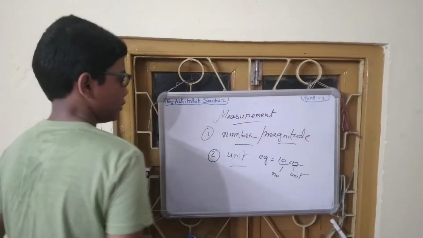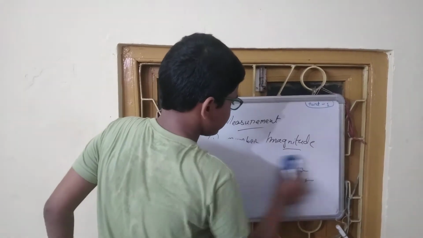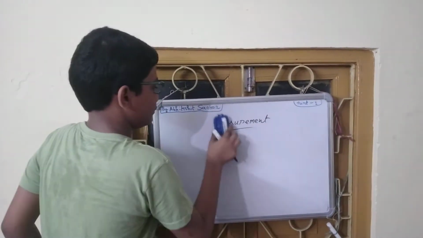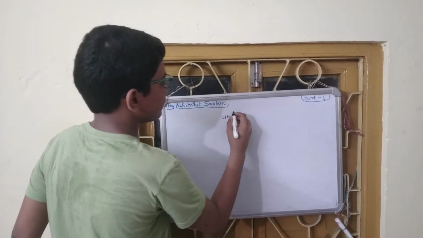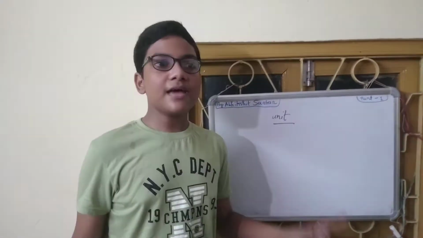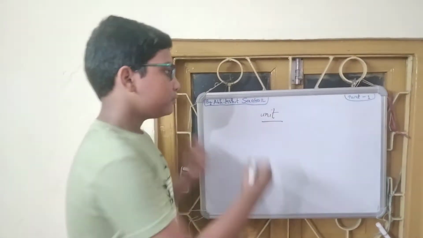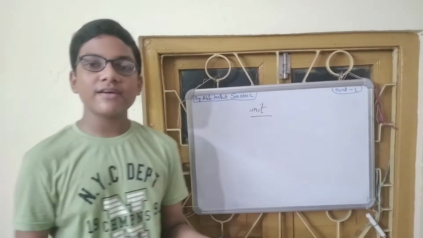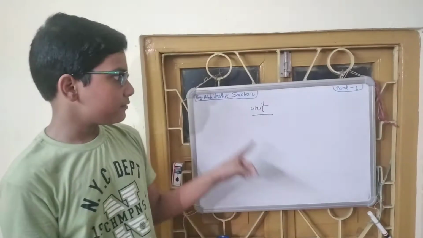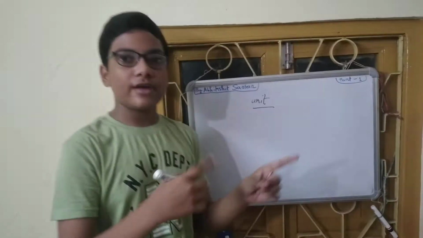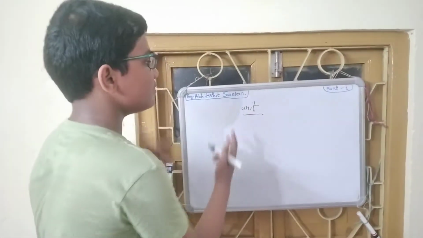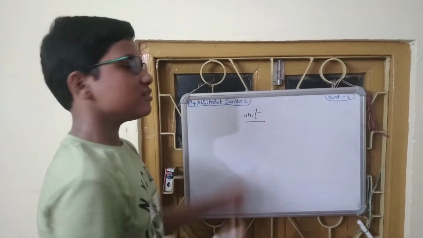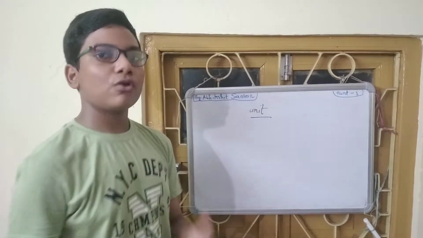Now, coming to the next thing: in measurement we need a unit. This unit was chosen by scientists in the past, and by this invention we are using these units at present. For choosing a unit, scientists have to follow some rules.